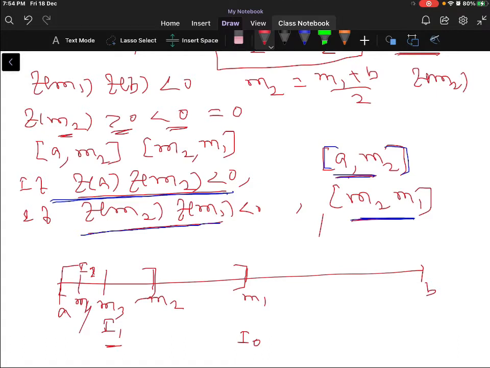If f of a into f of m4 is negative, then the root lies in the interval a comma m4, so we get interval I3. Therefore I naught contains I1, I1 contains I2, I2 contains I3, and it goes on. We continue the procedure and get a sequence of subintervals.